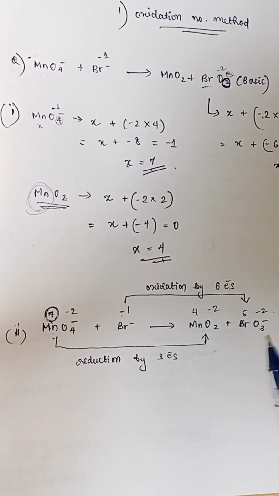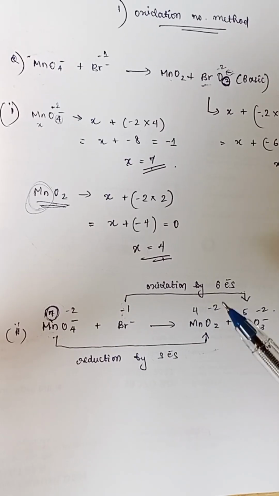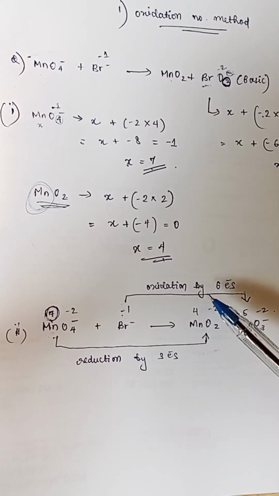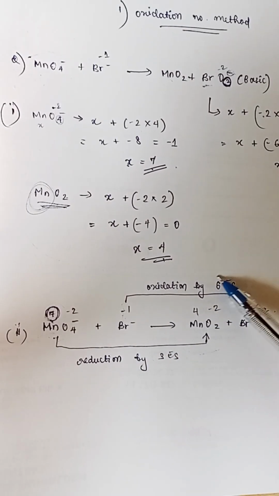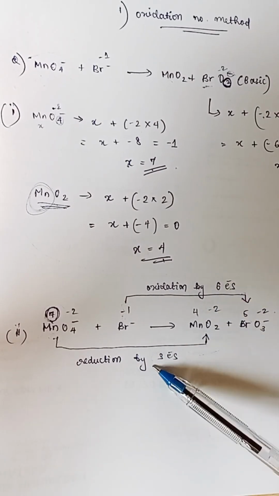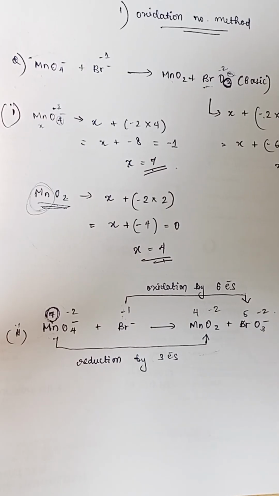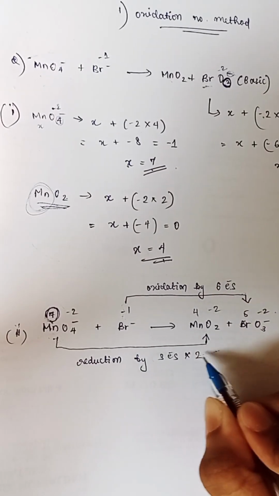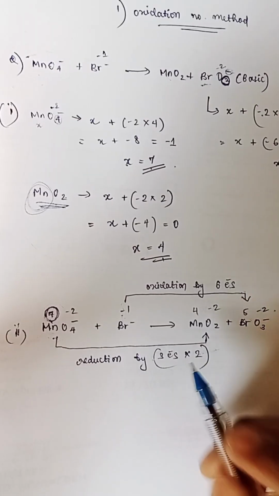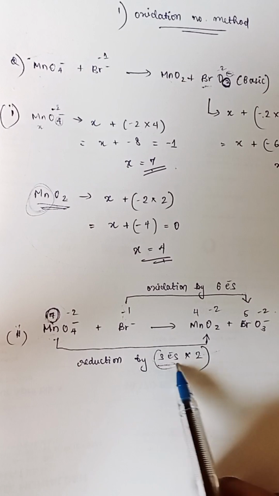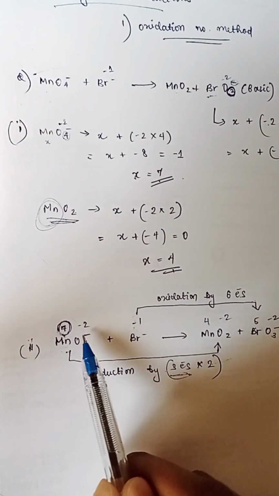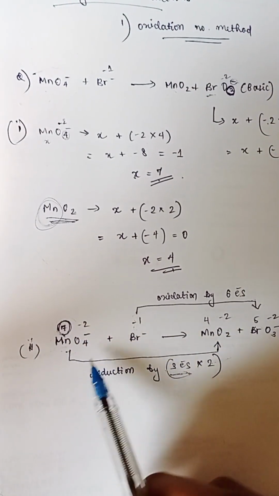So every time we do balancing, we need to make sure that both the oxidation and reduction take place with the same number of electrons. Here it is 6 and here it is 3. To make it equal, we can multiply 3 by 2. So what do we multiply with 2? The MnO4 minus is multiplied by 2.